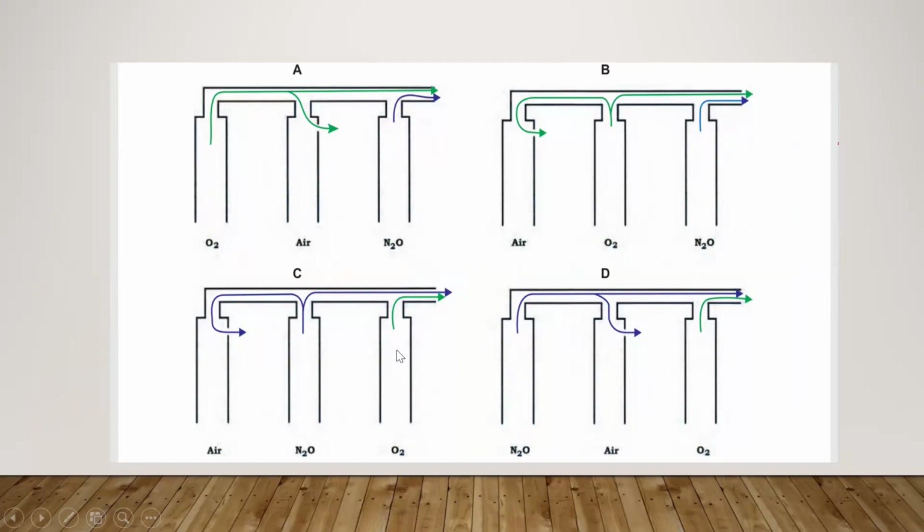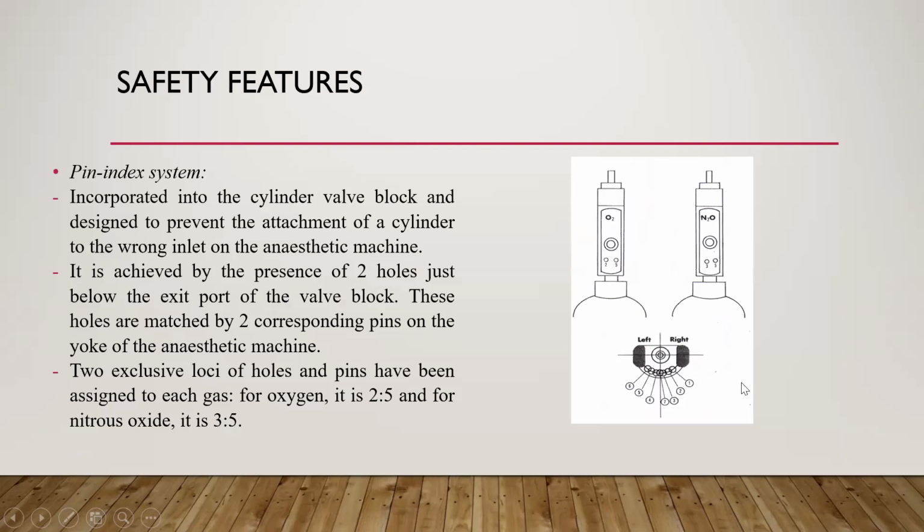The answer is C. I think it's between C and D, but it's C, because if there is a leak, air and nitrous would go out while oxygen is last. So it's air, nitrous, oxygen together, but know that in these two, oxygen is the last, it is downstream.